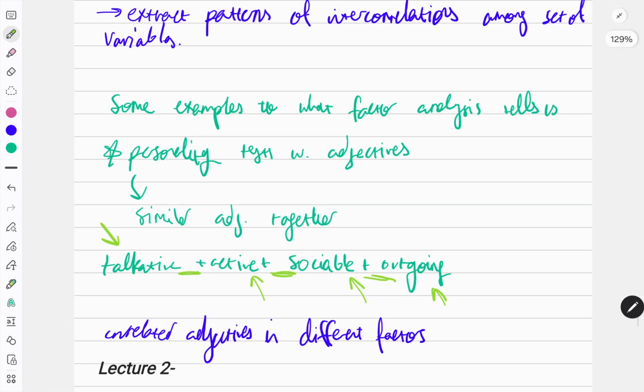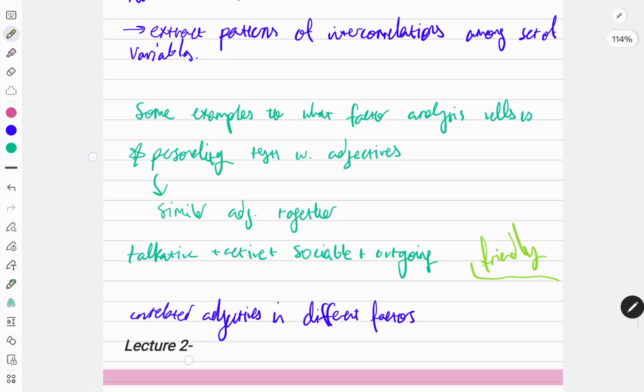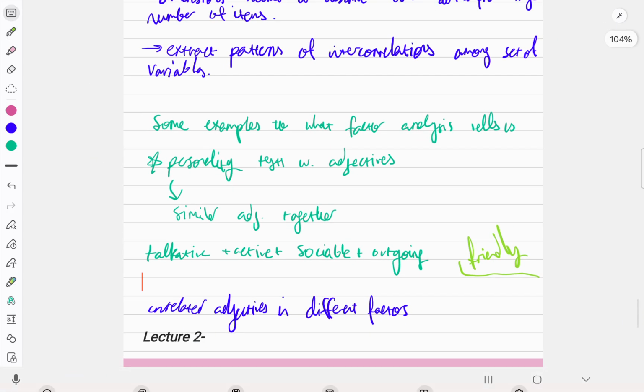Maybe not all talkative people are also friendly. Maybe friendliness is not significantly associated with these terms. So we find that, and then we put friendly in a different category with different groups. Factor analysis helps us to find the significant relationships between different groups.